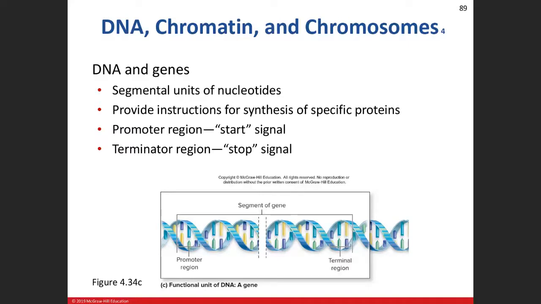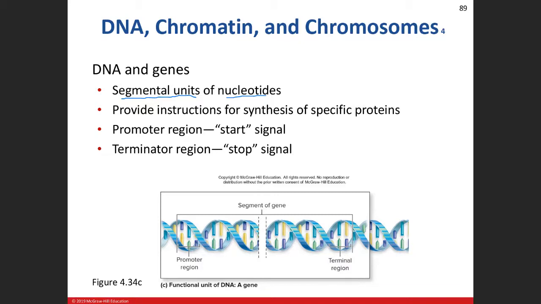All right, almost done here. Let's just wrap things up about DNA and genes. Just to review, those segmental units of the nucleotides are going to give us specific information to provide for the synthesis, the creation, of specific proteins that, for example, could make up the color of your hair or the color of your eyes.